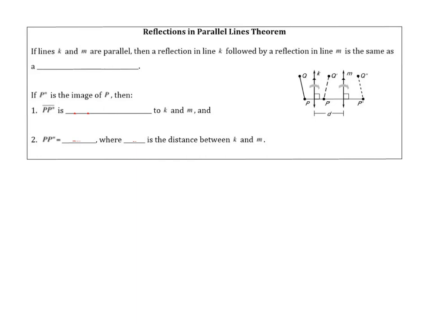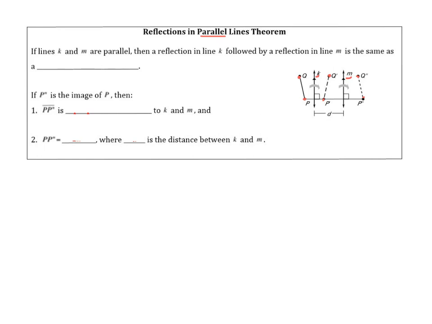Now the next part of the notes has us thinking about what happens if I perform 2 reflections over parallel lines. So we can see that we reflected segment QP in this picture over line K to start, and I get P prime Q prime. And then I reflect it again over line M, which is parallel to line K, and I get Q double prime, P double prime.